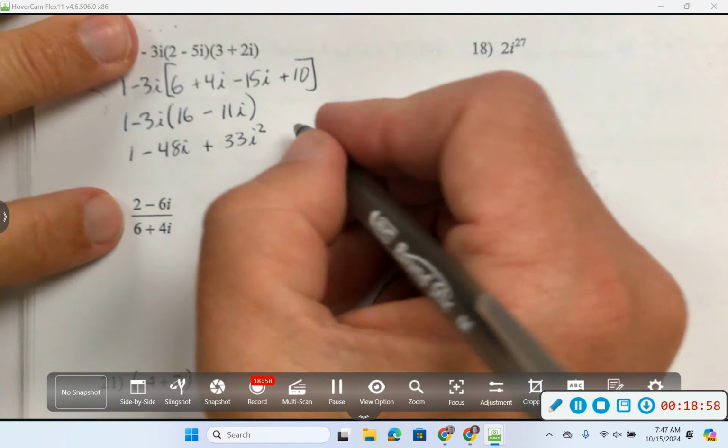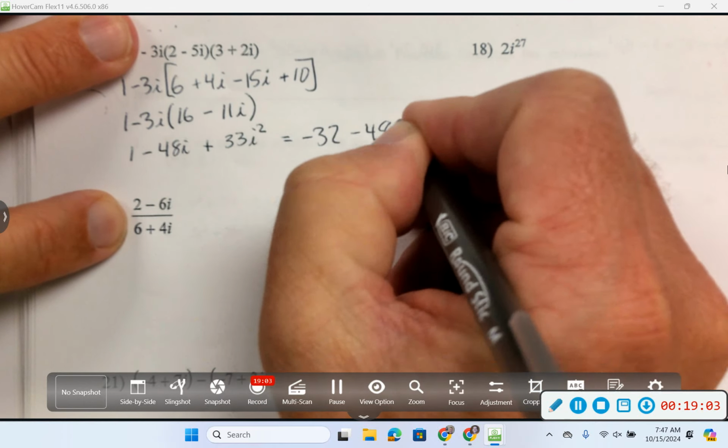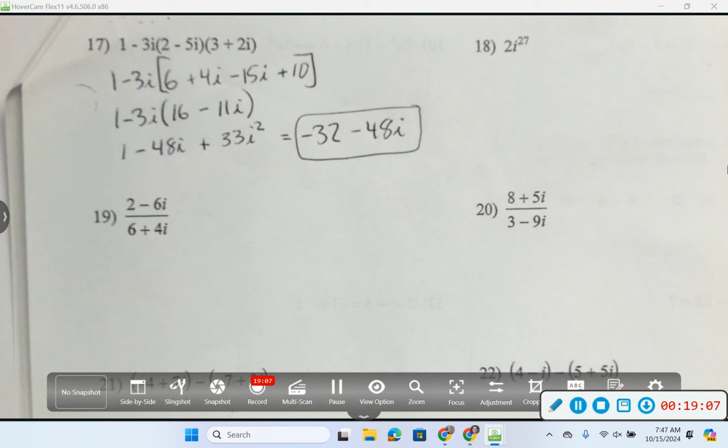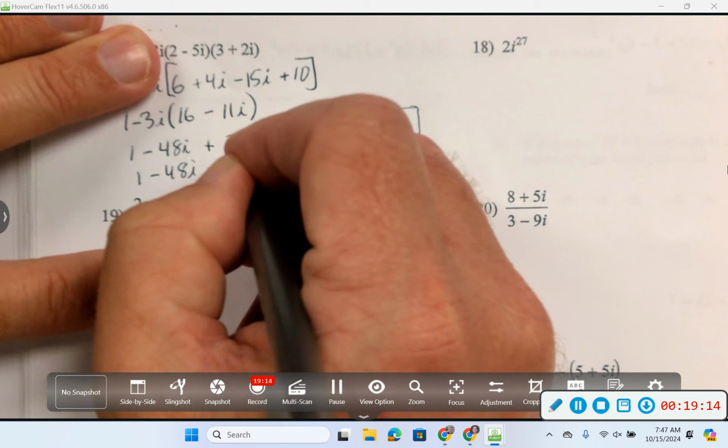So 1 minus 33 is negative 32 minus 48i. So negative 34 minus 48. Negative 32? Yes? 1 minus 48i minus 33.